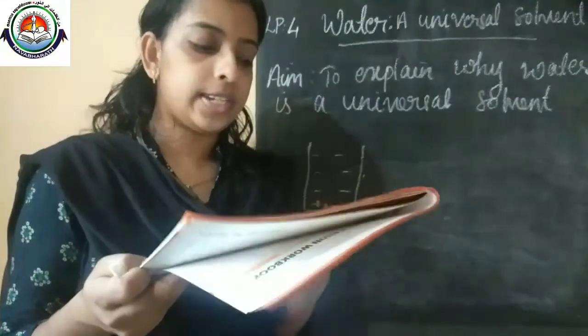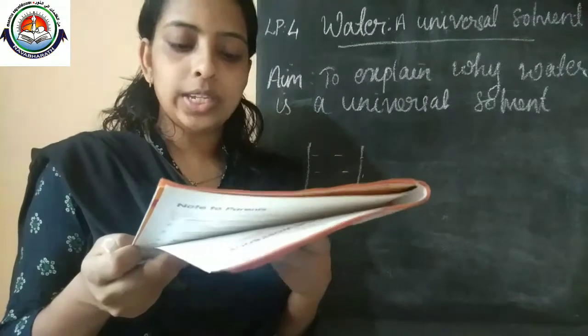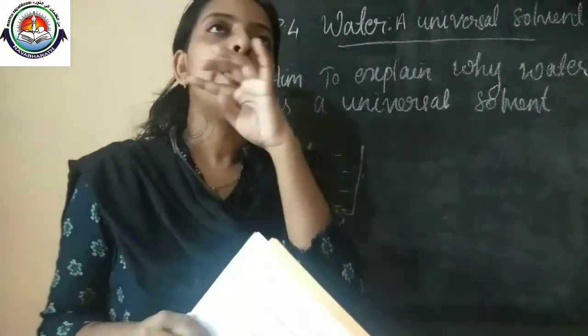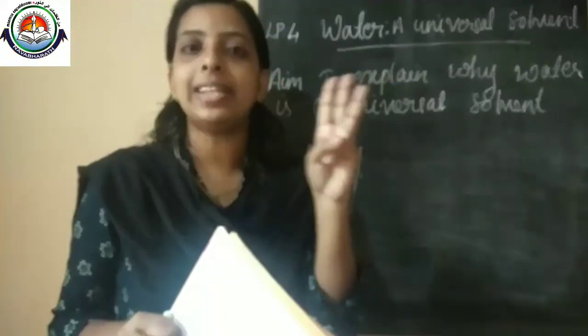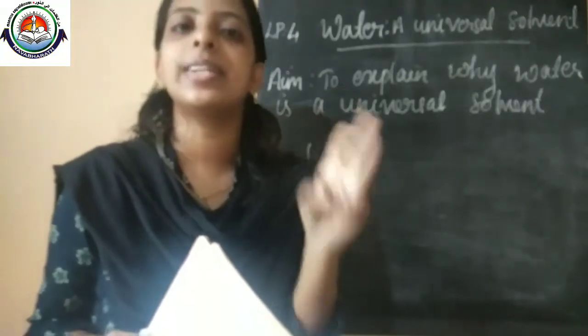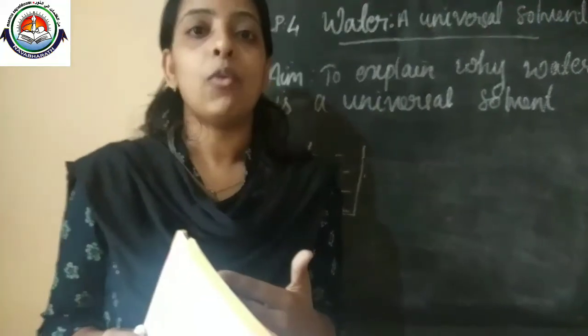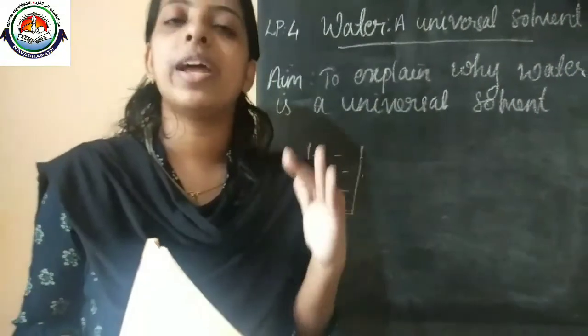Then the third question: carbon dioxide dissolves easily in water. How is it useful for us? And one more thing you have to remember, not only solids or liquids can dissolve in water. We know the 3 states of matter are solids, liquids and gases. Gases can also dissolve in water. How can we say that? In water there are dissolved oxygen and carbon dioxide.